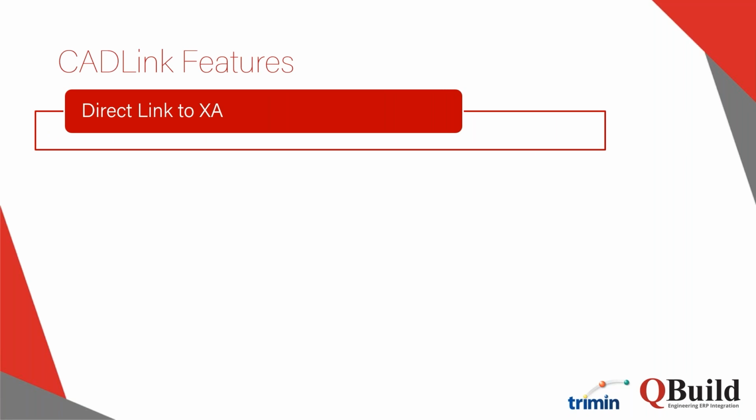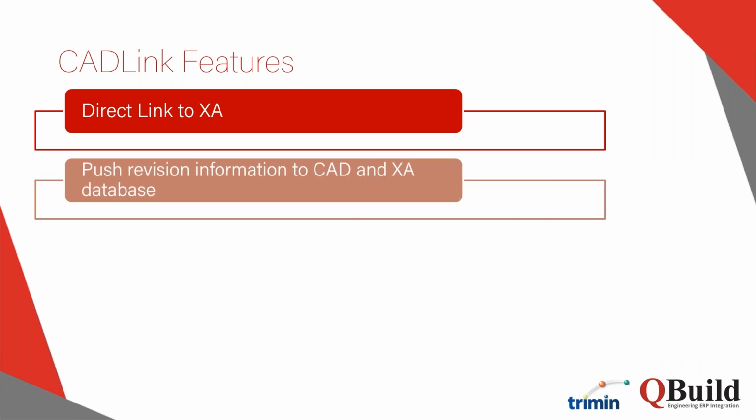So it opens the door for a lot of advantageous features that help streamline the process, like searching my item master for any items I'd like to add, or automatically pulling in the values that I have set up for different fields like unit of measure, warehouse, etc. I'm able to push revision information directly from my CAD model into my XA database and ERP.